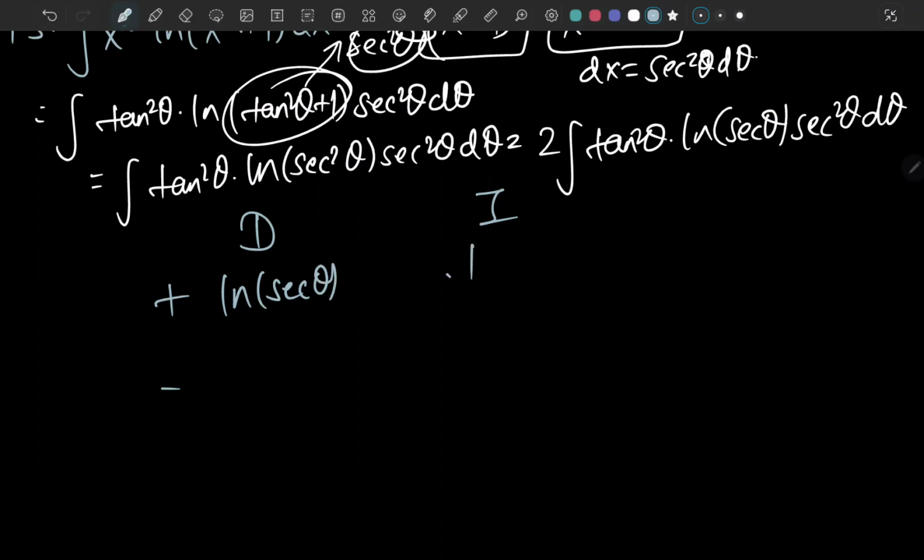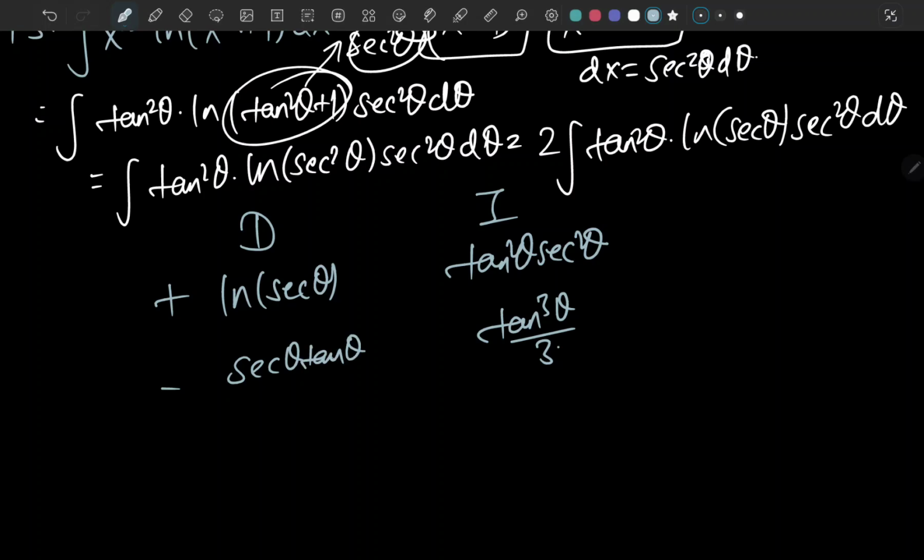So tangent square theta times secant square theta. This becomes tangent cube theta over 3 if you integrate this, and this becomes secant theta tangent theta over secant theta, right?